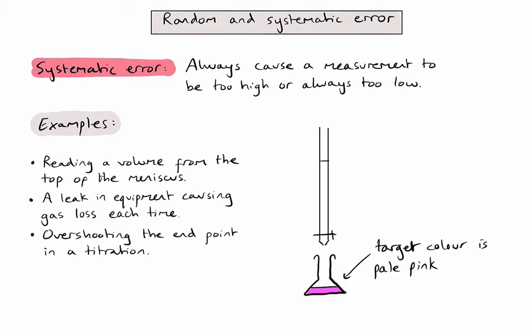If the target colour change in my titration is from colourless to a pale pink colour, and I notice each time that I'm getting quite an intense pink colour, then it looks like I'm adding too much from my burette in each case. So the volume of titrant that I'm adding is always too high and therefore is a source of systematic error.